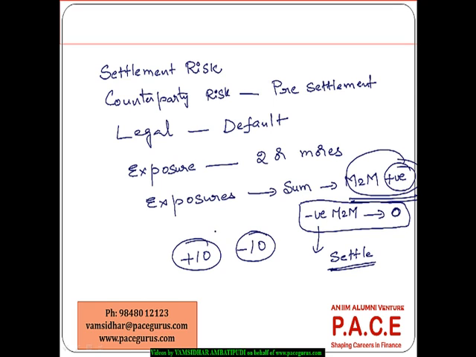Just as an example, let's say A and B have 5 transactions between them. At a particular point in time, their mark-to-market values are plus 8 million on the first trade, minus 3 million on the second, plus 6 million on the third, plus 1 million on the fourth, and minus 5 million on the fifth.